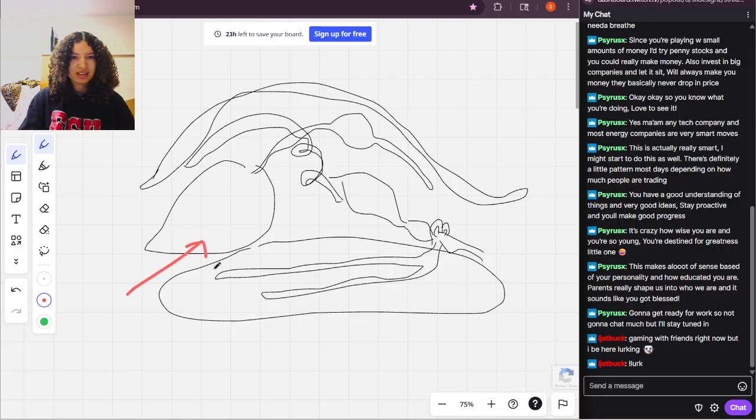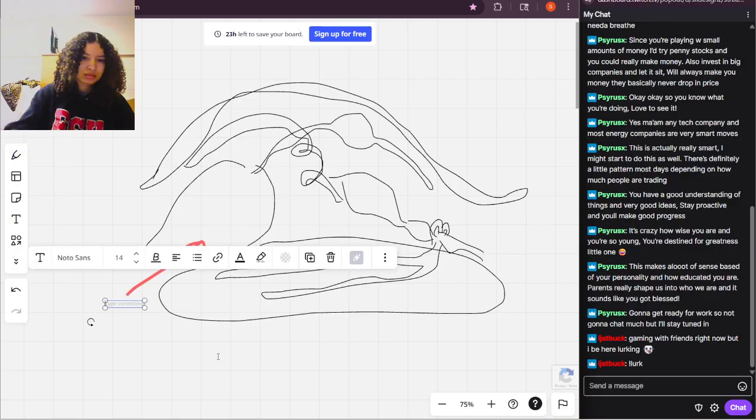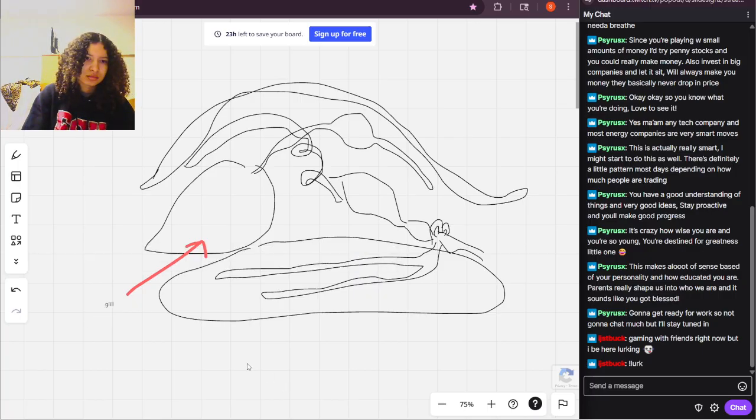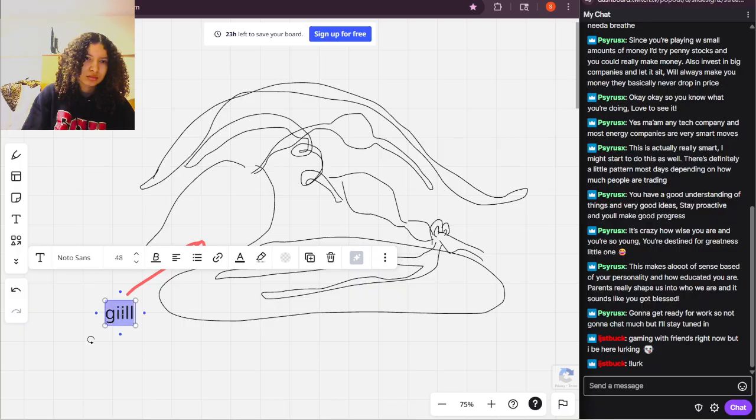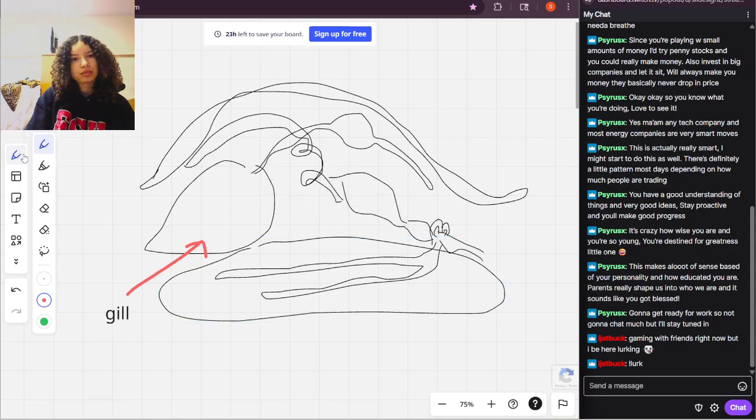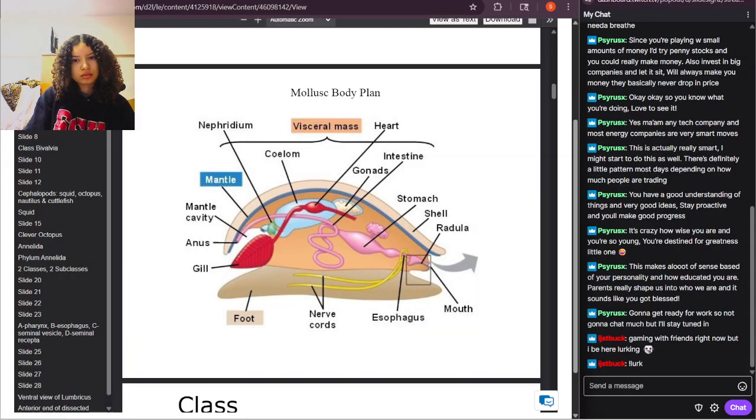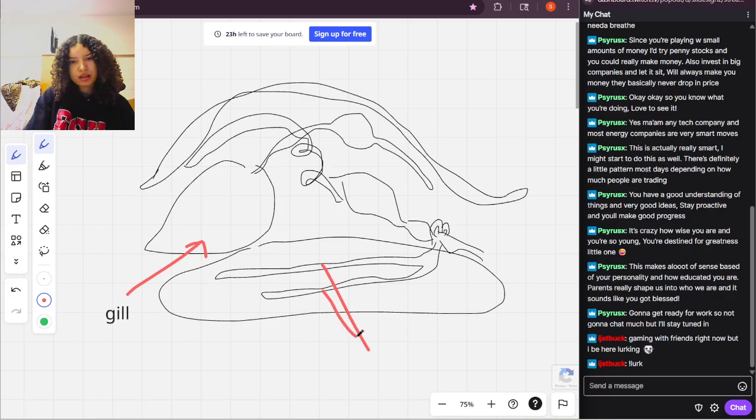This is the gill. These are nerve cords.